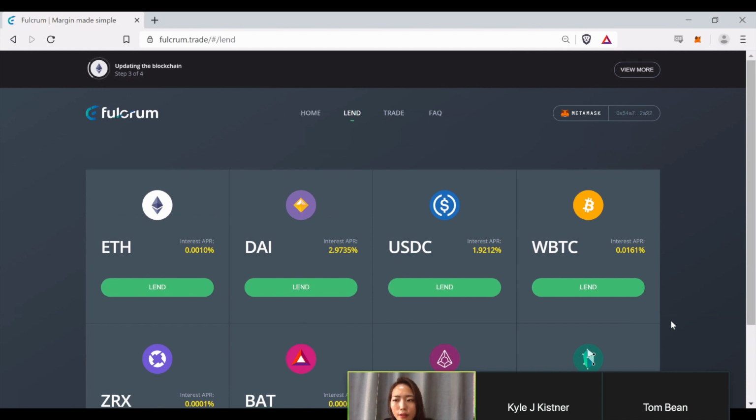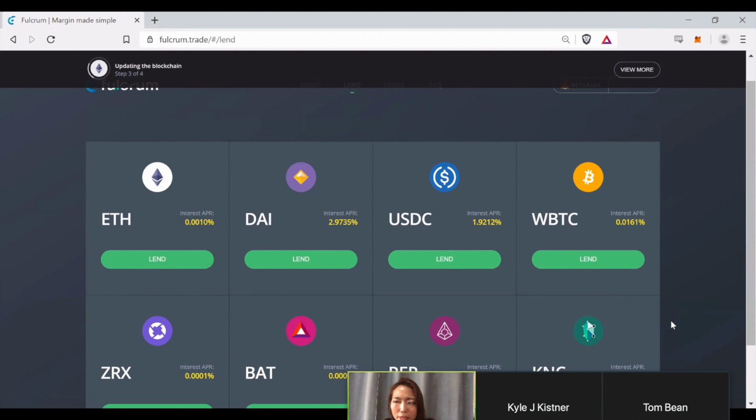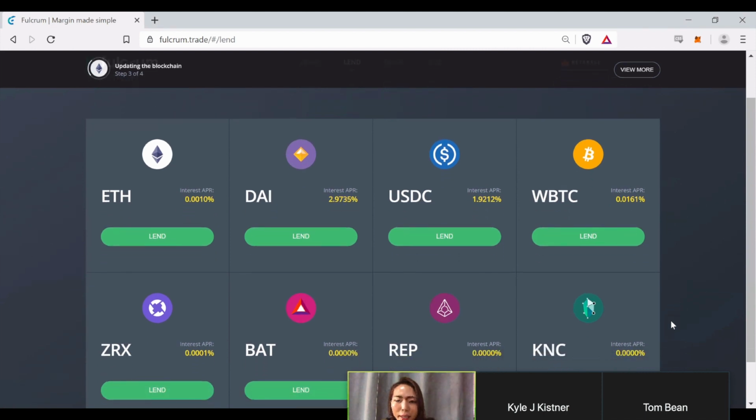Cool. How is the interest determined for the respective token? And I also see some tokens with a 0% interest rate. Does it mean that Fulcrum is opening up the token holder to become a lender on the platform? So the interest rates are determined by supply and demand. As you can see, more people have been borrowing DAI and USDC than the other tokens.